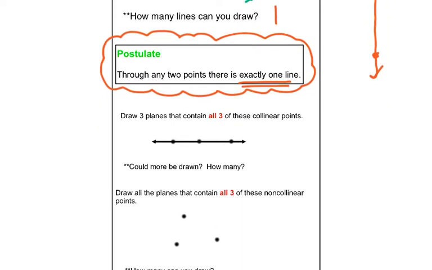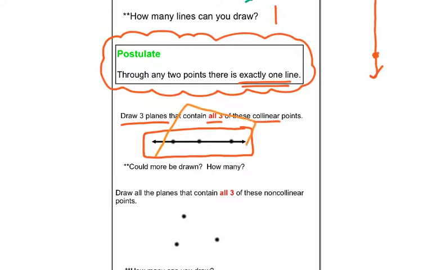All right, next part. Let's draw 3 planes that contain all 3 of these collinear points. All right, well, these are collinear, but they're 3 points, so maybe I can draw more than one. Here's one. Again, that's pretty much like my whole screen here. It goes on forever. Now, can you imagine coming up above on top of my screen and cutting through this is another plane.